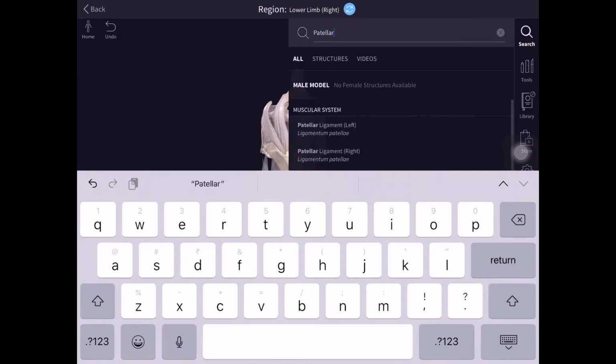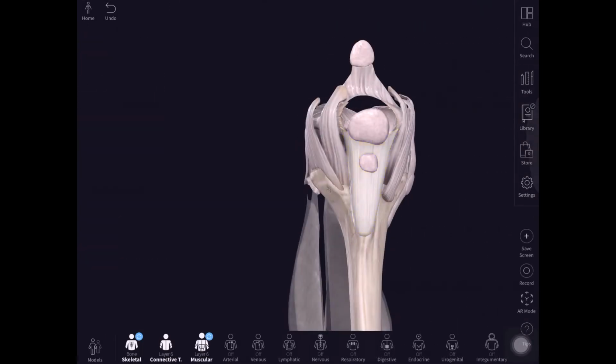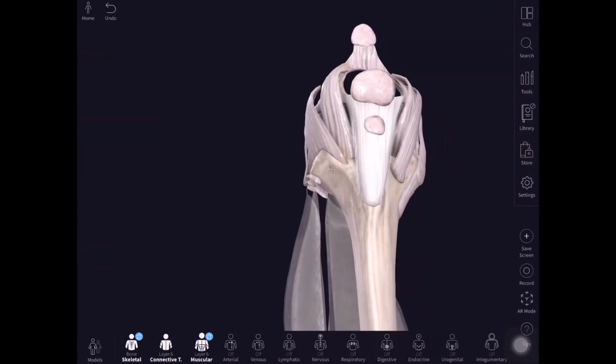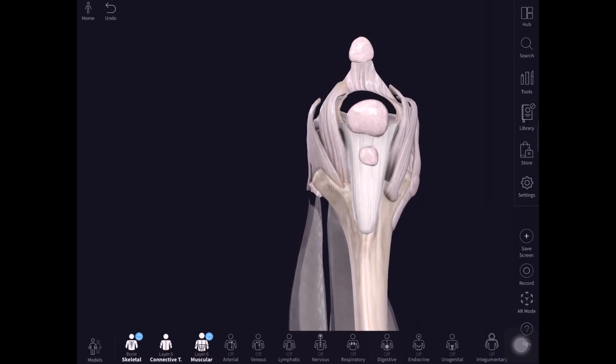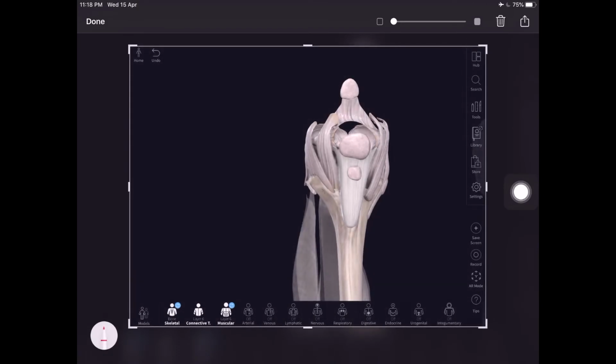Patellar ligament. So now you can see again in this picture, we label this one, and this is the subcutaneous infrapatellar bursa, because it is beneath the patella.